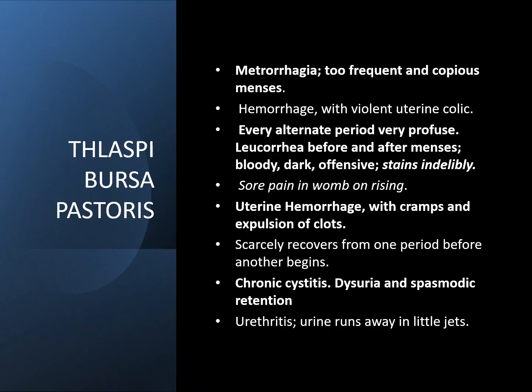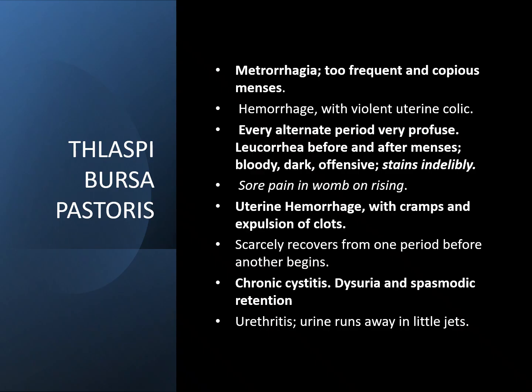There is uterine hemorrhage with cramps and expulsion of clots. So when the clots come out, the patient has severe pain, and that is the peculiarity of Thlaspi bursa. There is chronic cystitis, dysuria, and spasmodic retention. The patient may have urethritis and urine runs away in little checks.